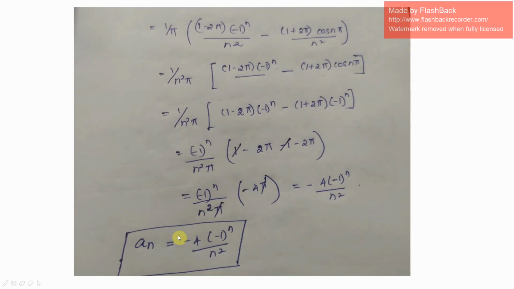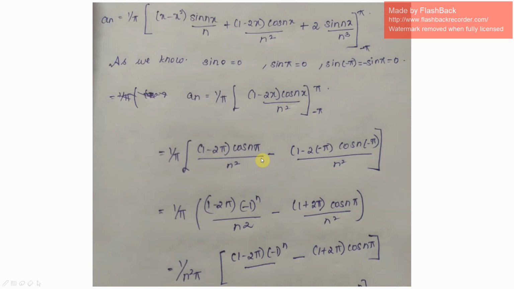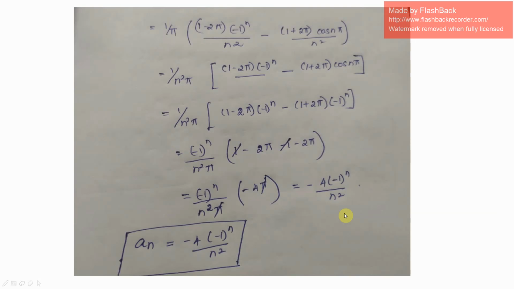So now again what I do is, in the place of cos n pi, you know that cos n pi is minus 1 power n by n squared, and here this minus is multiplied here, it will be 1 plus 2 pi cos n pi, that is cos of minus theta is cos theta, so I'll get cos n pi by n squared. Here again, instead of cos n pi, we substitute minus 1 the whole power n, so I'll get something like this.